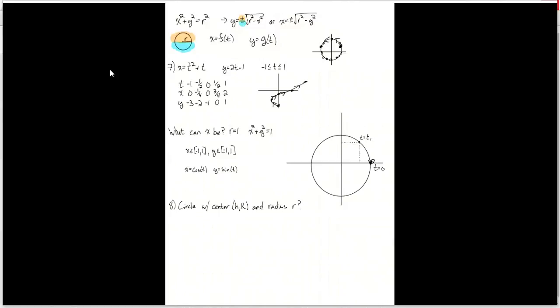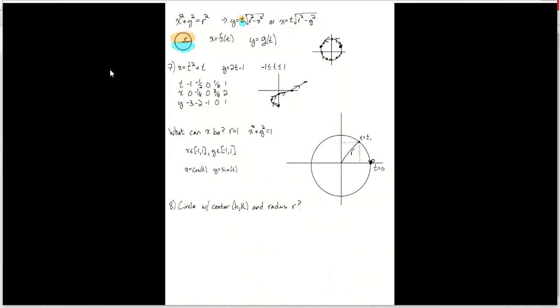So looking at my parametric equation for just the circle of radius 1, let's look at a circle first off that has a radius r, so arbitrary radius. Well, it's not too hard to believe that if we go back to our circle over on the right, and this is now a circle of radius r, let's go ahead and draw that. So that's radius r.